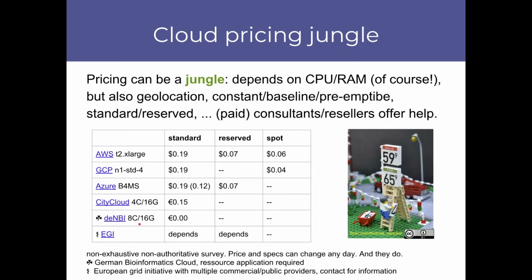There you need to apply for a project, and it does not currently cost anything, and it's part of the German Bioinformatics Infrastructure. On the European level, there's the European Grid Initiative. And there again, you have to contact the people. They have different cloud providers in the backend, scientific clouds and others. And there the costing depends and can be anything between free and the ones we have shown up there.